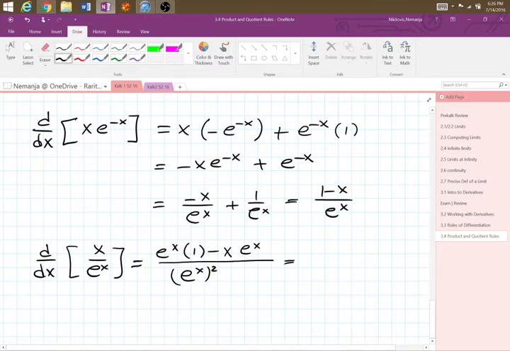We can factor out e to the x. You see that we are getting 1 minus x, which is awesome. And then e to the x squared means e to the x times e to the x, so one e to the x will cancel, and you have the same answer.